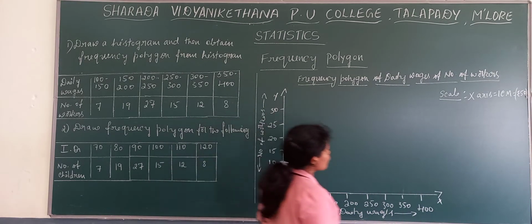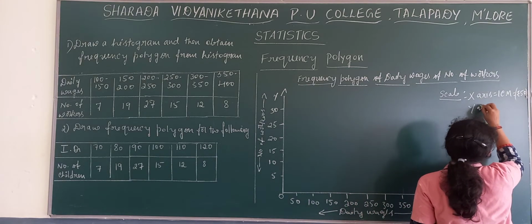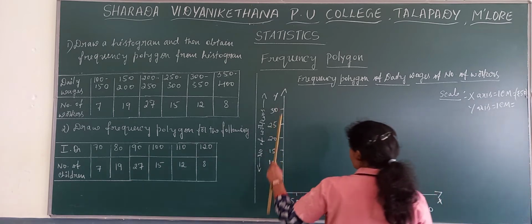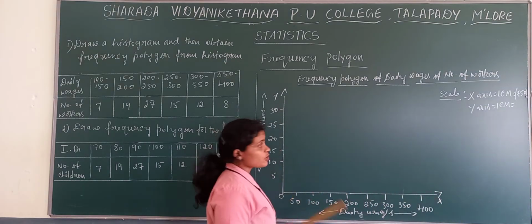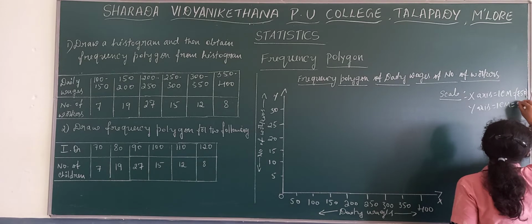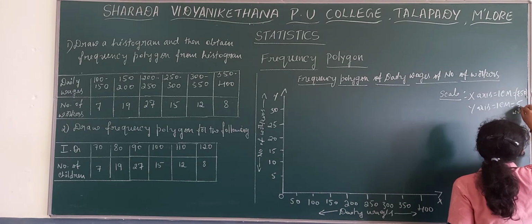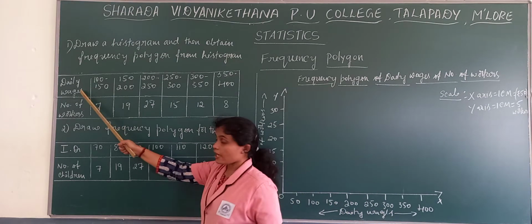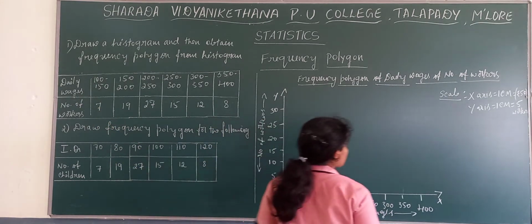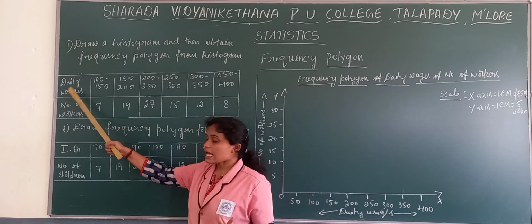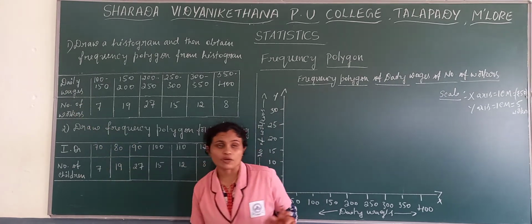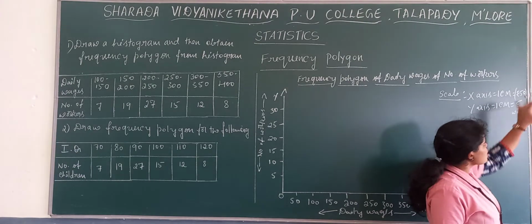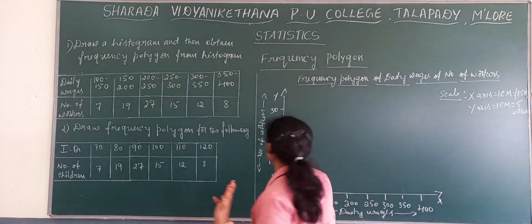And along the y-axis 1 centimeter is equal to number of workers. What gap we have taken? A gap of 5 workers. Units you have to write as they have mentioned in the problem. If they do not mention, for example, if class intervals and frequency are given, then you need to write 50 units and 5 units.